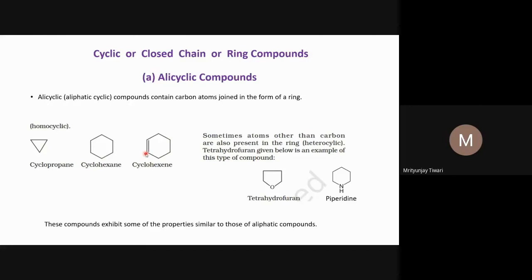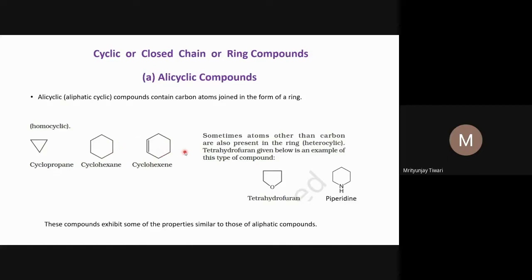It is the presence of carbon atoms or heteroatoms that defines that. And these alicyclic compounds are also called aliphatic cyclic compounds, because all those aliphatic compounds come into the cyclic form, so they are aliphatic cyclic or alicyclic compounds.